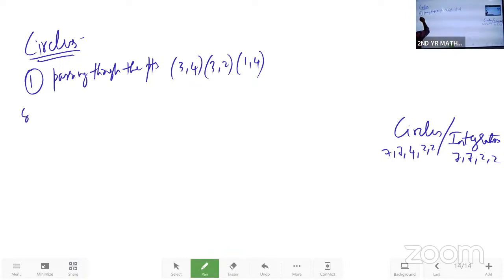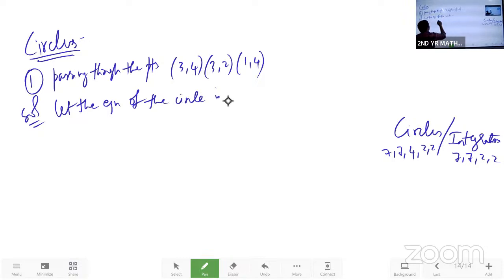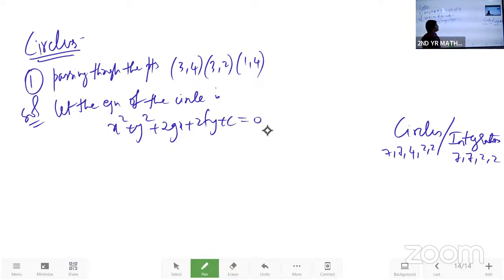Solution. Let the equation of the circle be, take the standard form and follow these steps only: x square plus y square plus 2gx plus 2fy plus c equal to 0. As I said, the circle is passing through 3 points. Substitute the first point, (3, 4).